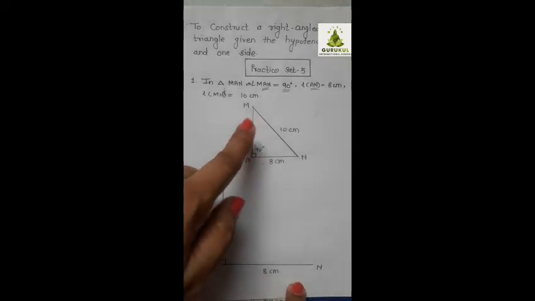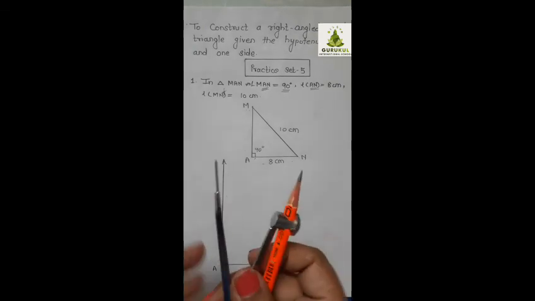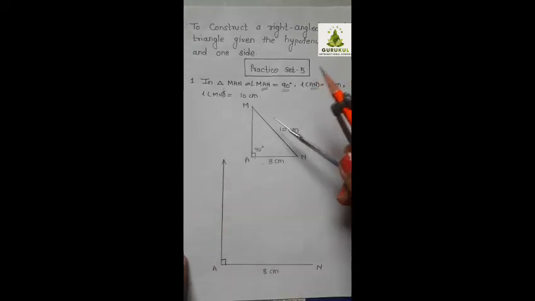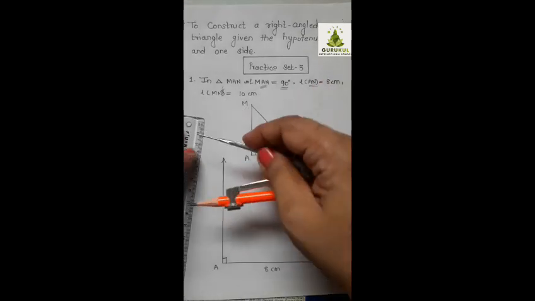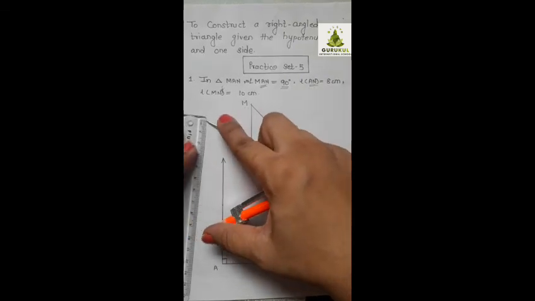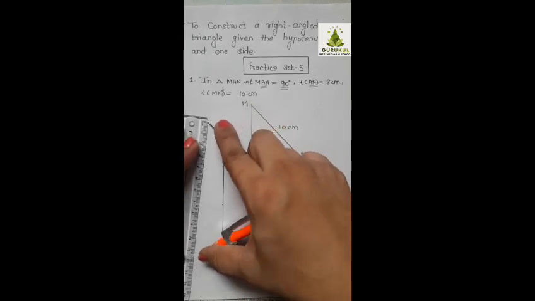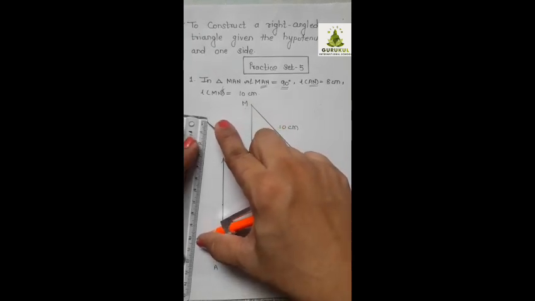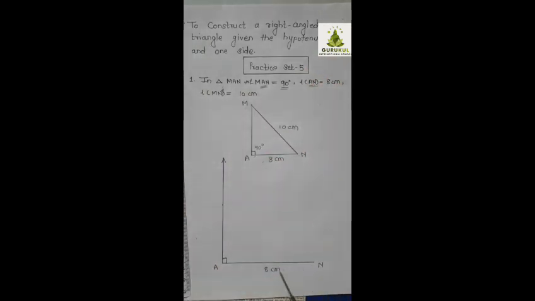We have to draw the side MN. For that you have to take a compass, and in compass you have to take the length of this side. Here it is 10 centimeters, so I will measure 10 centimeters in a compass. You have to take the accurate measurements, children. Okay. Now don't get confused.